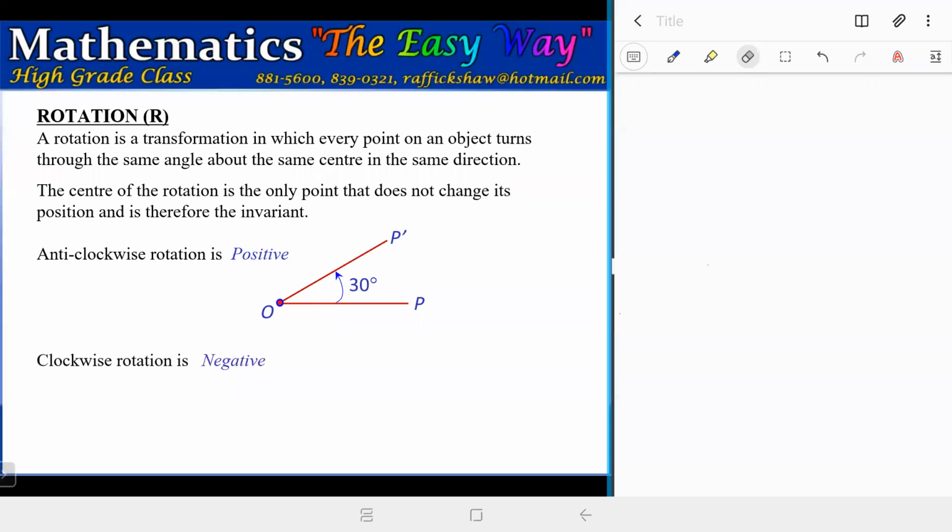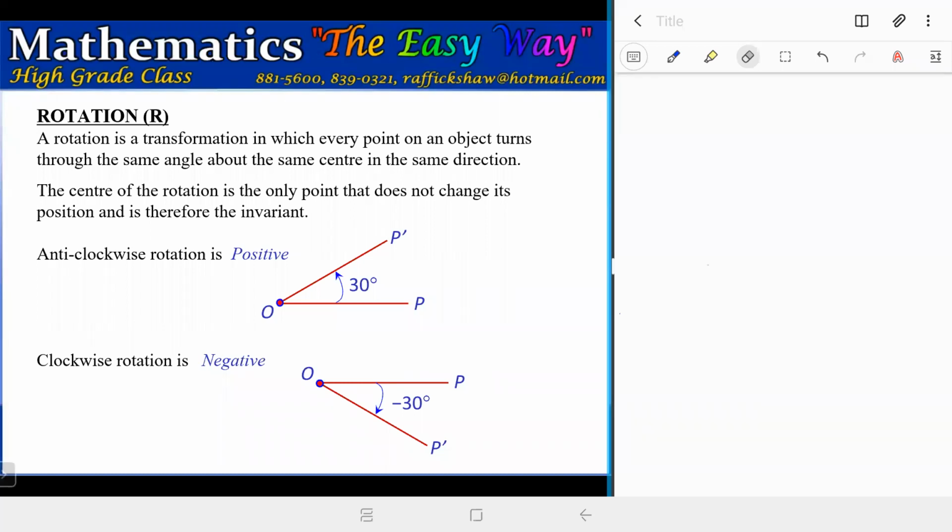And the clockwise direction is taken as a negative direction and is therefore given a negative angle. It's kind of strange because we would naturally feel that clockwise is the positive direction, but no. Clockwise is actually the negative direction in rotation, and anti-clockwise is the positive direction.